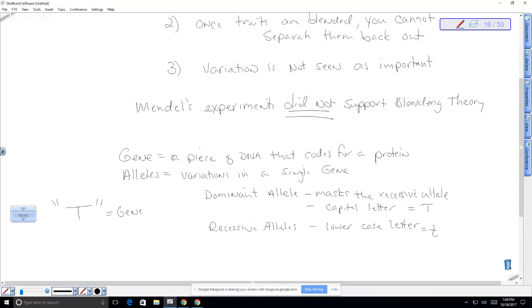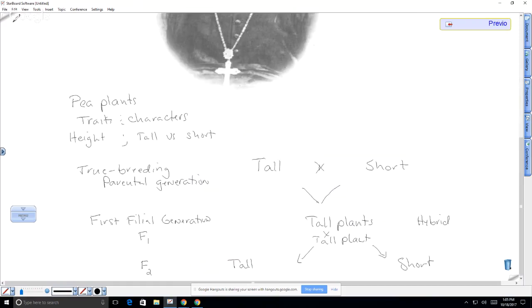Okay, so let's go back to that experiment with tall versus short plants. So what we are looking at here is the phenotype. So this is what the plant looks like.